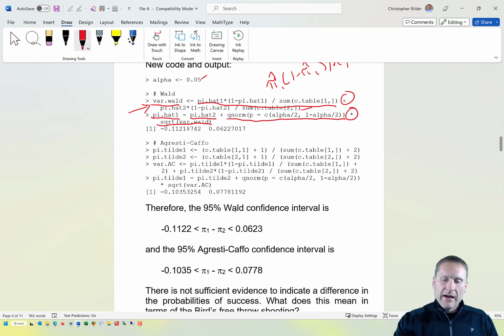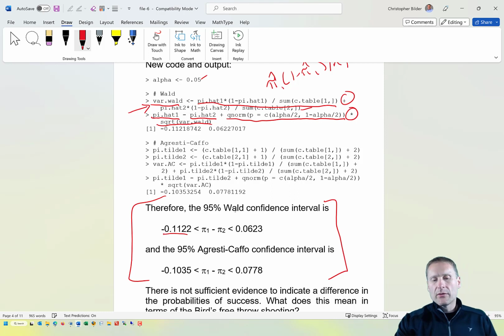So my 95% Wald interval is negative 0.1122 all the way up to 0.0623. My Agresti-Caffo interval has a little bit of a different lower bound and also a little bit of a different upper bound as well.